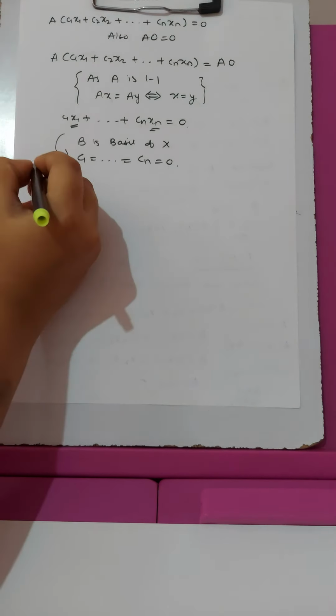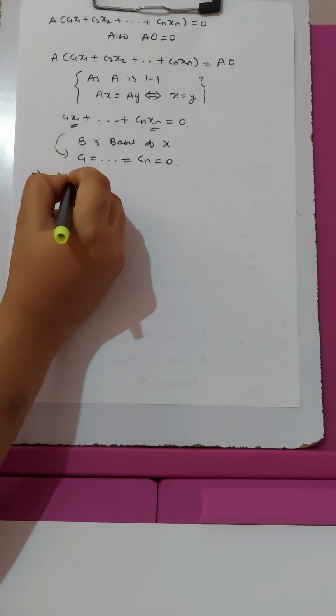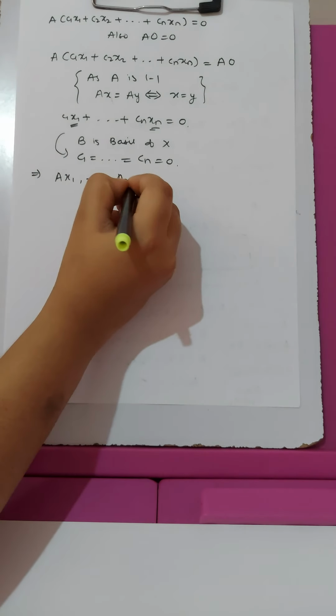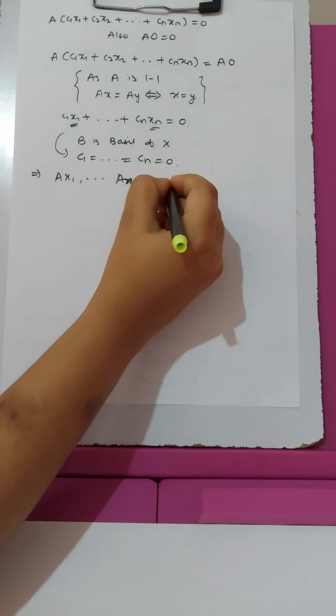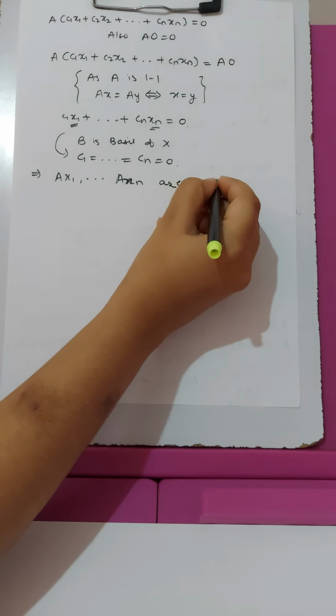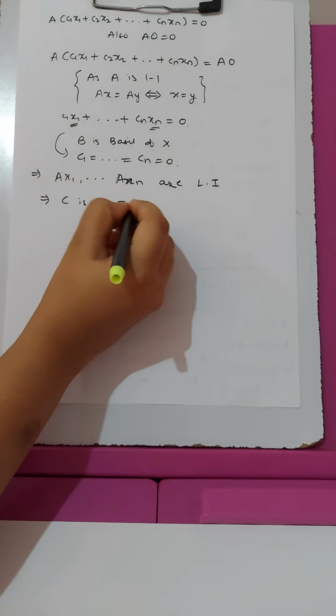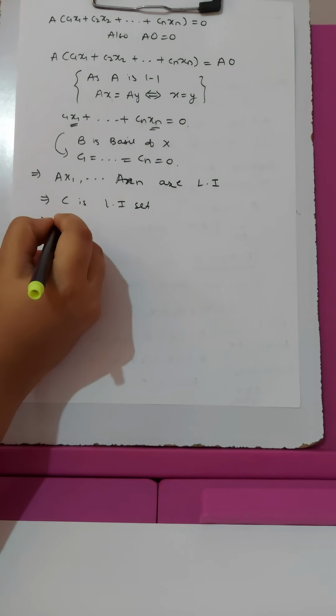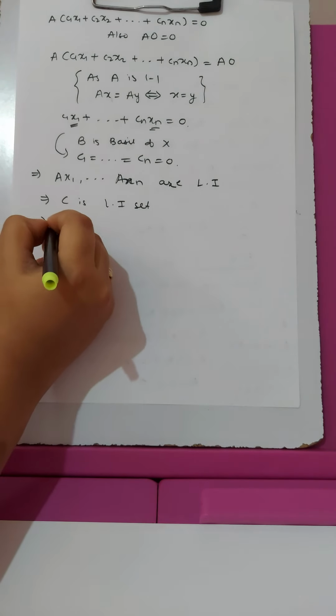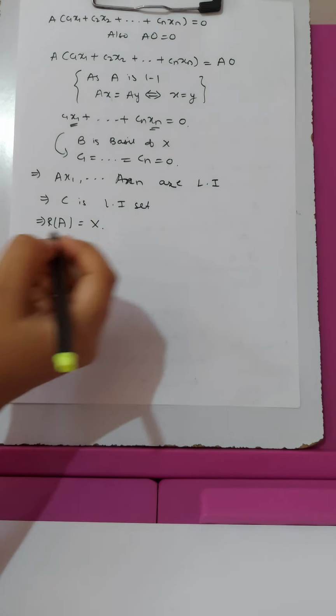This implies that the elements of C, that is Ax1 up to Axn, are linearly independent. This implies that C is a linearly independent set, and hence R of A is equal to X.